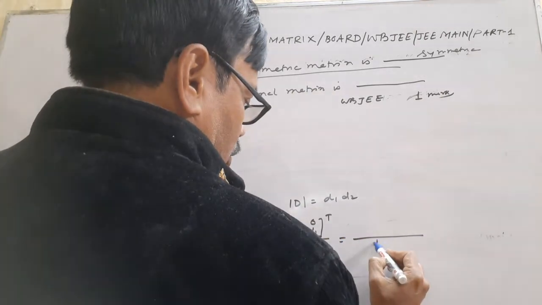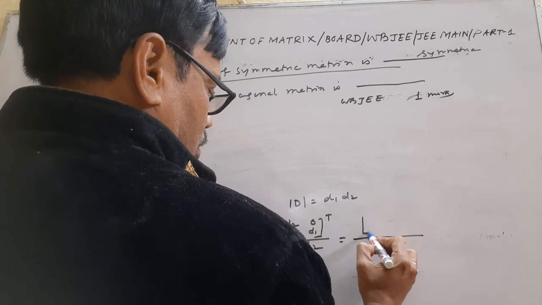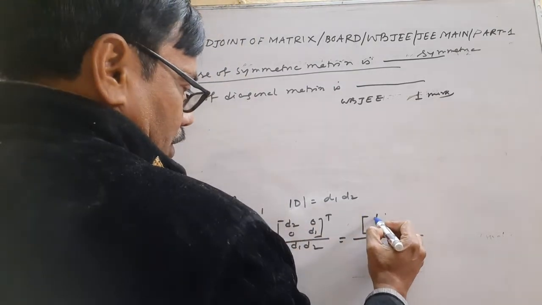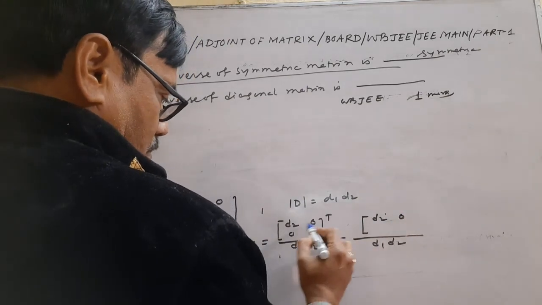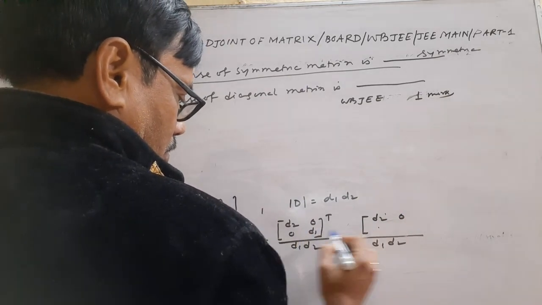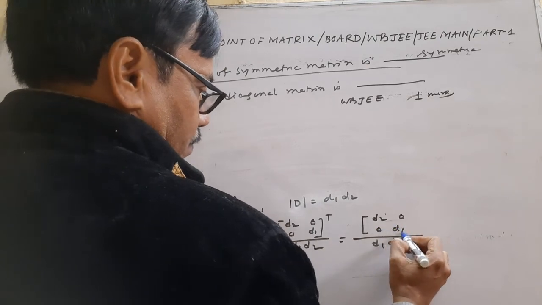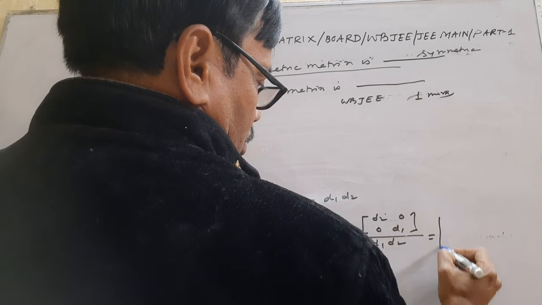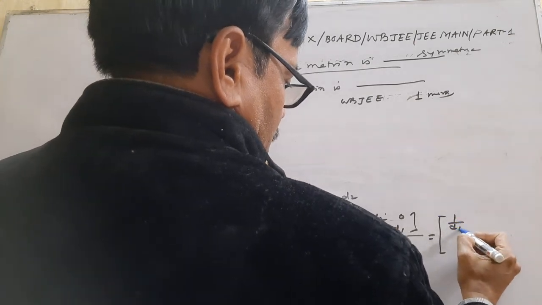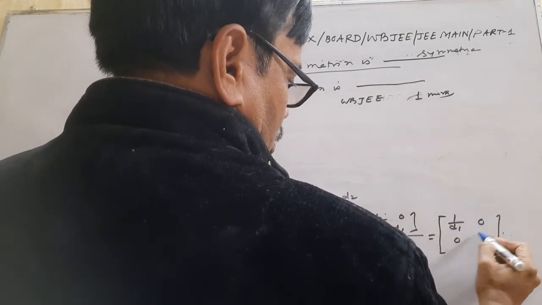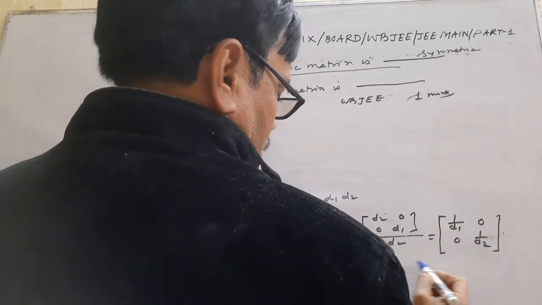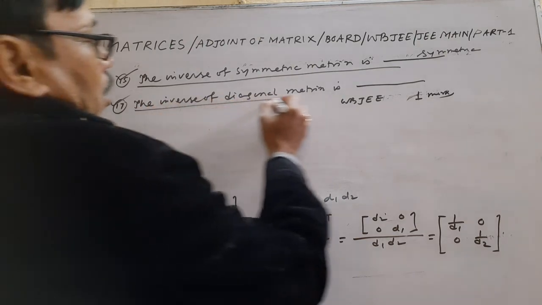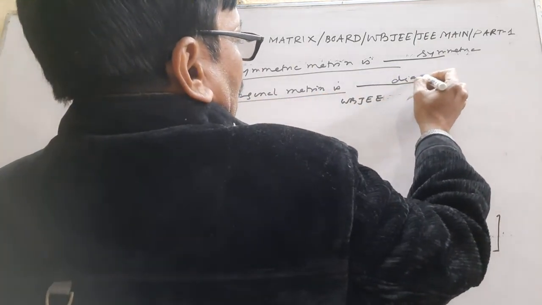Now this one is D2, 0, 0, D1. So dividing each element by D1, D2, we get 1 by D1, 0, 0, 1 by D2. So this is again a diagonal matrix. So the inverse of a diagonal matrix is diagonal.